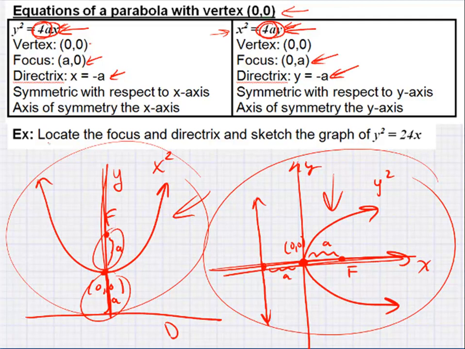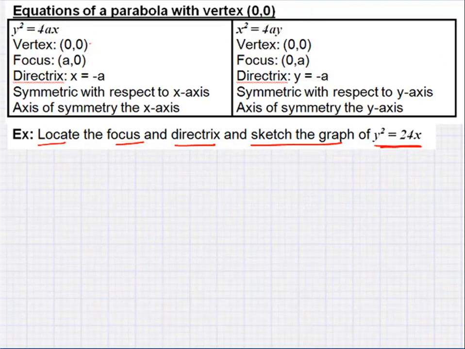So if I give you a question like this that said locate the focus and the directrix and then sketch the graph of this particular equation, first thing you're going to have to be able to do is recognize that it is a parabola. So how would you recognize it's a parabola? Well, it's got the form of y squared equals 24x or y squared equals 4ax.